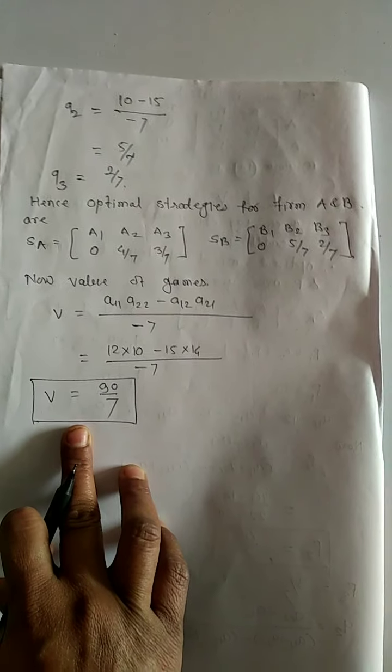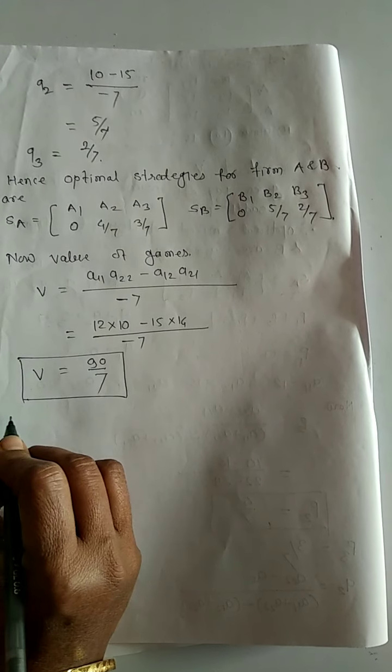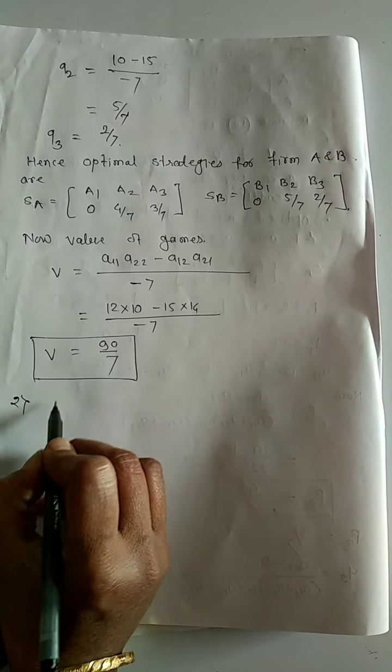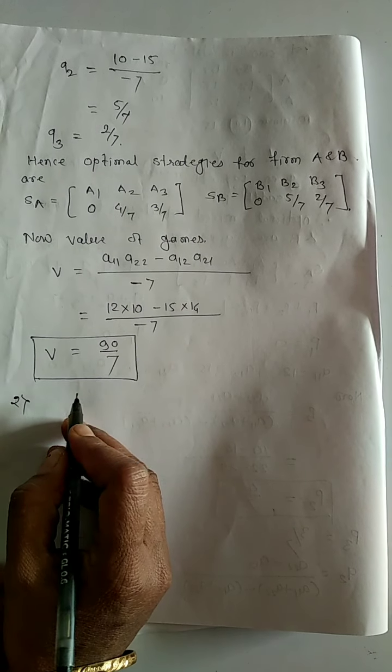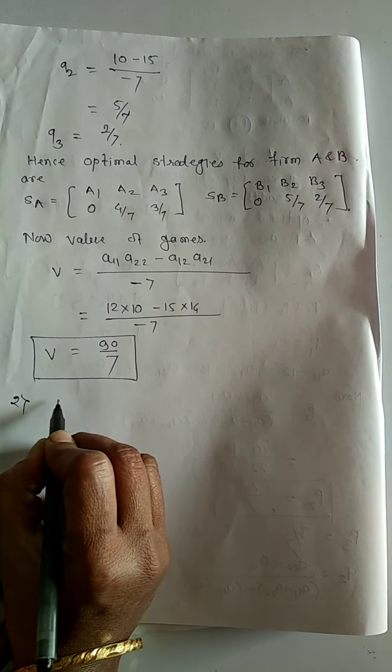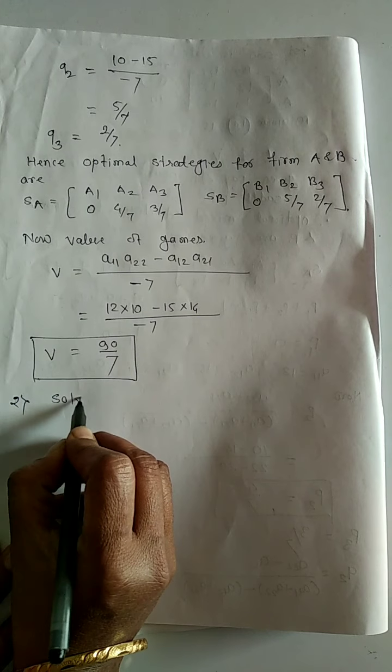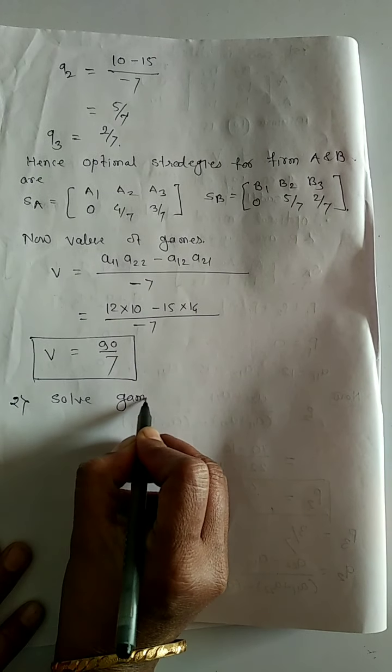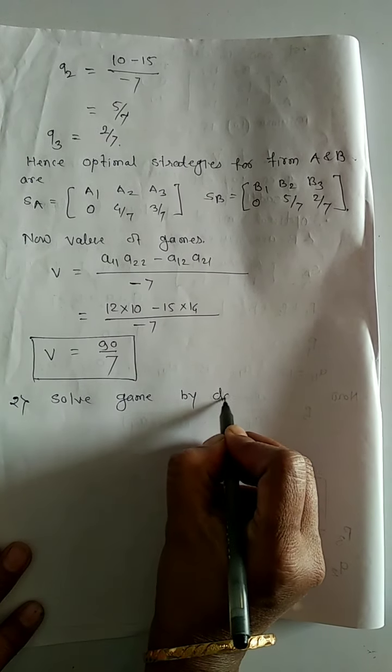Then we take the second problem. The second problem is given by the following payoff matrix: solve the game by dominance method.